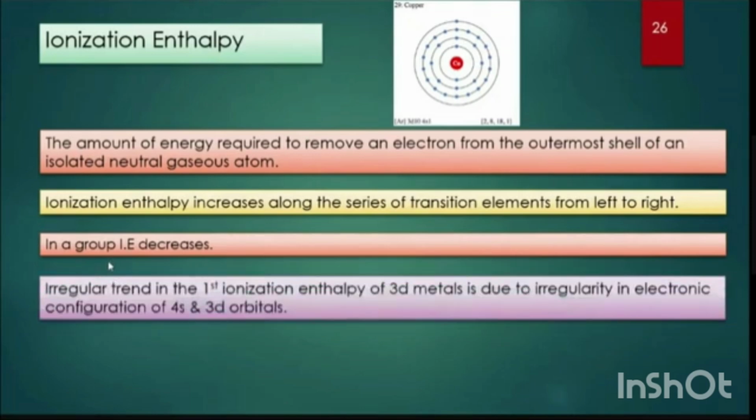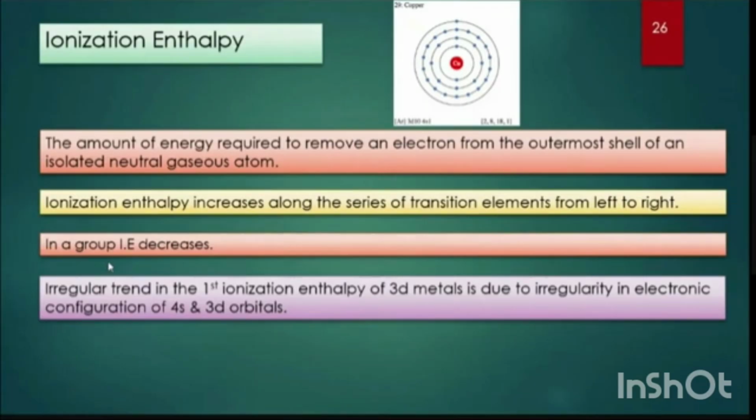Irregular trend in the first ionization enthalpy of 3d metals is due to irregularity in electronic configuration of 4s and 3d orbitals. When we look at the first ionization enthalpy values of the 3d series of elements, we see irregularity.